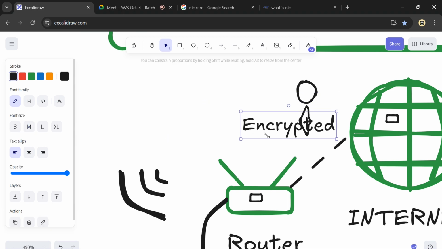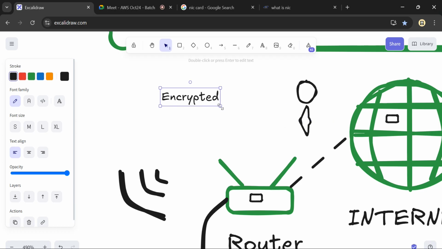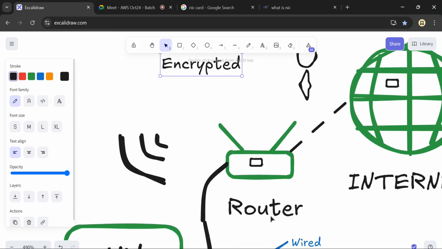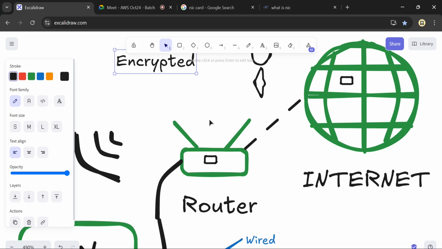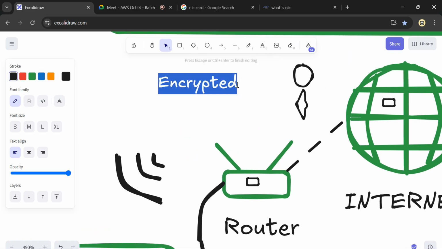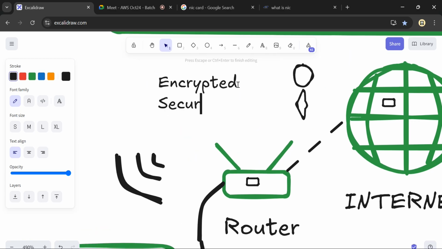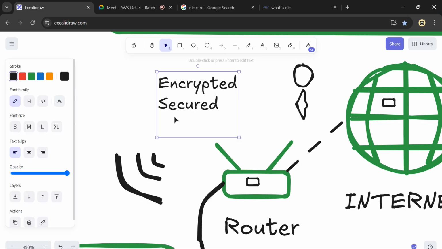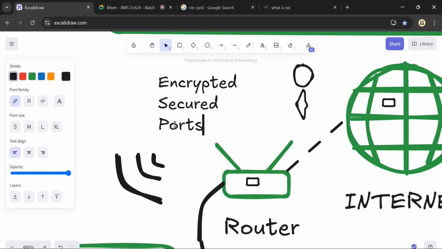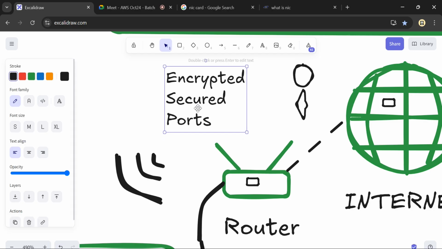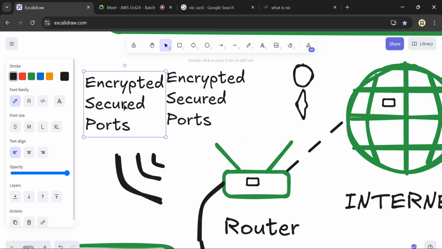The message should be encrypted. The communication should be secured. Whatever communication happens between the router and the internet has to be secured. Okay, and it needs to go through a specific port, and all these things are called protocols.